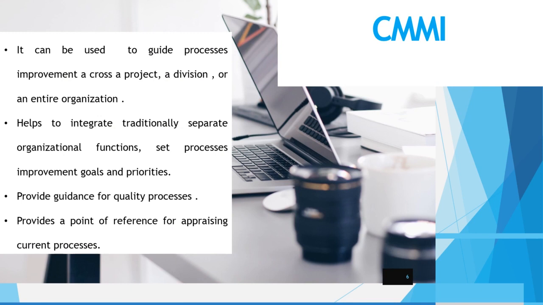Other definitions: it can be used to guide process improvements across a project, helps to integrate traditionally separate organizational functions, set process improvement goals and priorities, provide guidelines for quality processes, and provides a point of reference for appraising current processes.